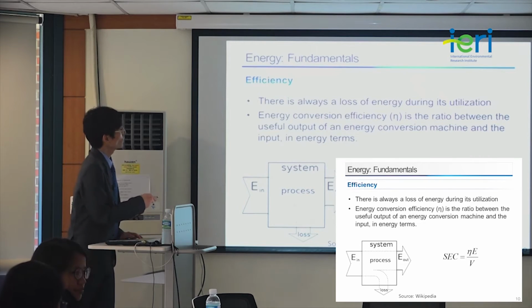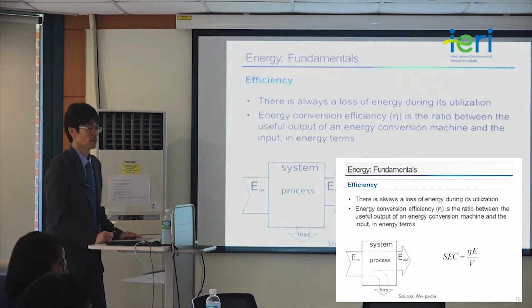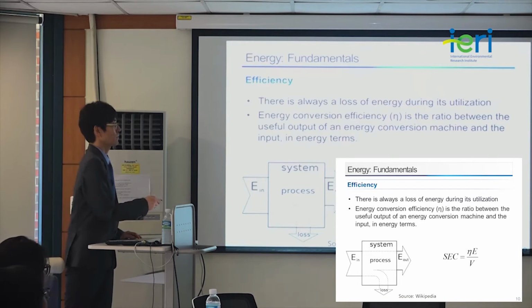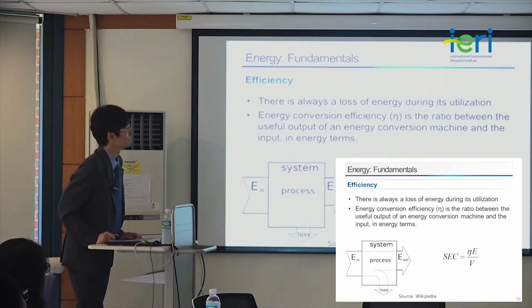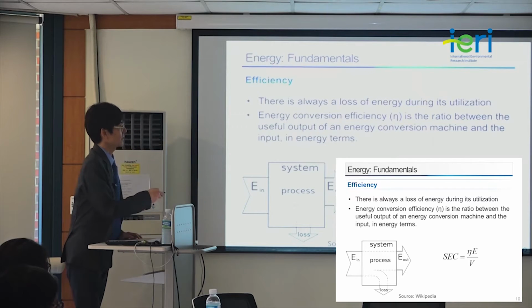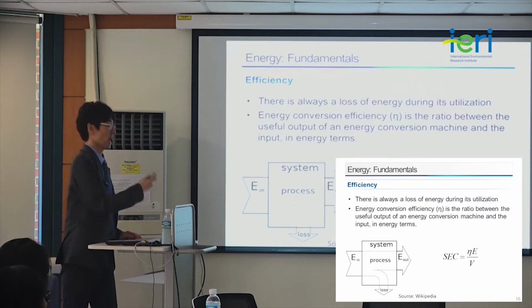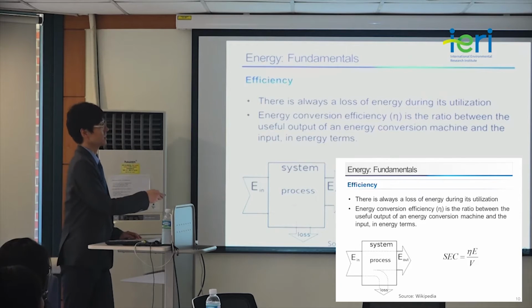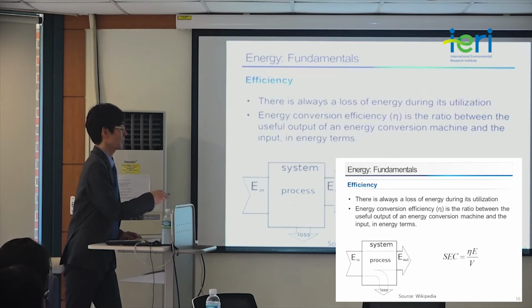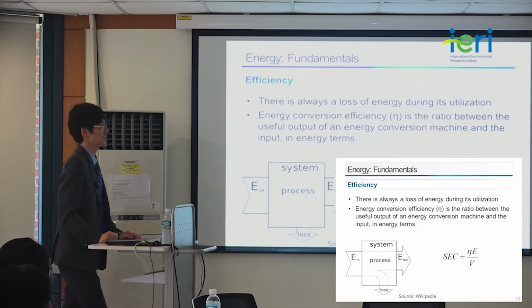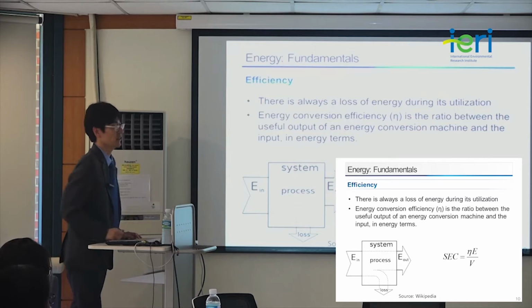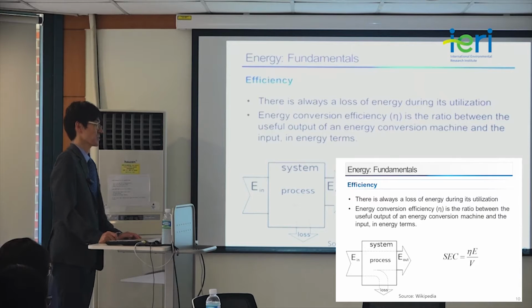So once you know this energy efficiency value, you have to multiply this; this part should go here, that's just a typo, so sorry about that. Anyway, by considering this efficiency, we can get a more realistic specific energy consumption.